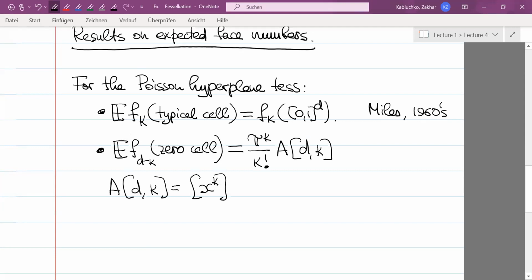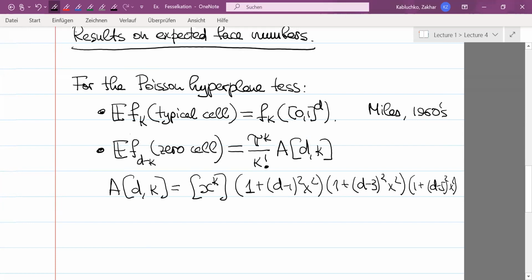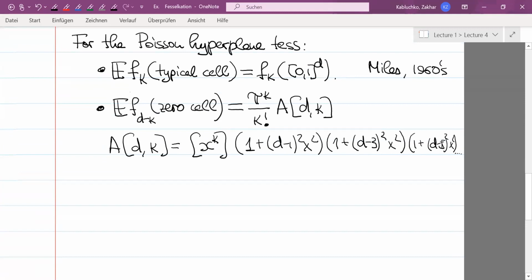It is the coefficient of x^k in the following polynomial: 1 plus (d minus 1)^2 x^2, 1 plus (d minus 3)^2 x^2, 1 plus (d minus 5)^2 x^2, and so on, until the last term, 1 plus x^2 or 1 plus 4x^2. And this holds if k is even.